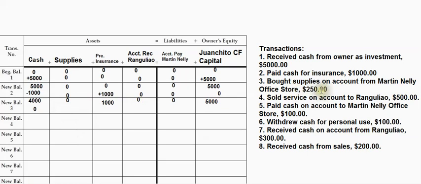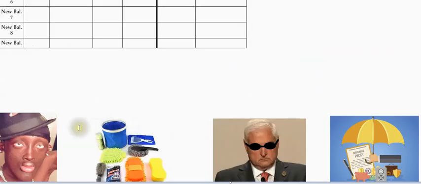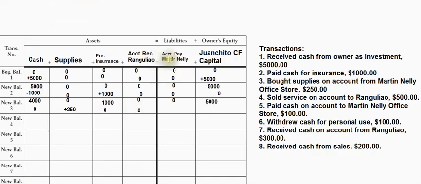Supply, okay, I do get supply. They give me supply, and here I have to put plus $250. Prepaid insurance, am I doing something here in this transaction? No, nothing. Account receivable Ranguliao, no. It has nothing to do with Ranguliao. And account payable Martinelli, I am owing this business some money.